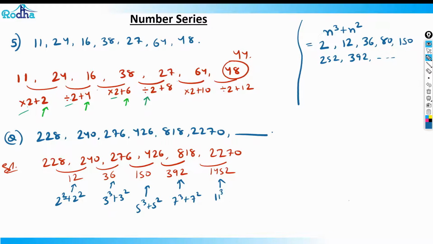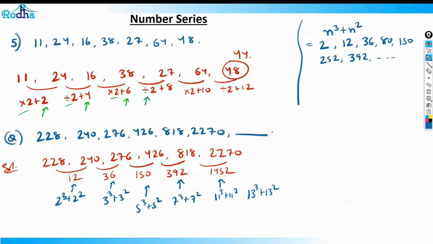So the next difference should be 13 cube plus 13 square.